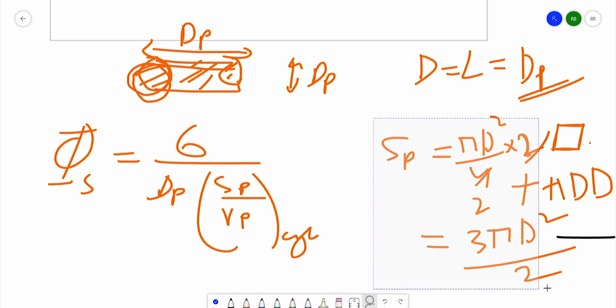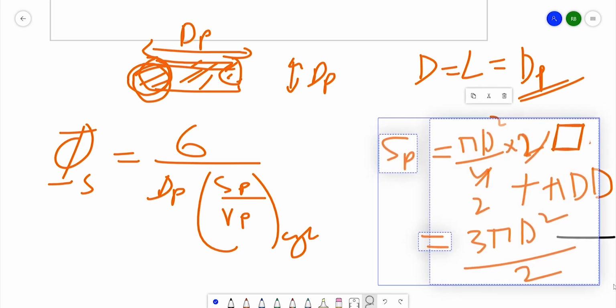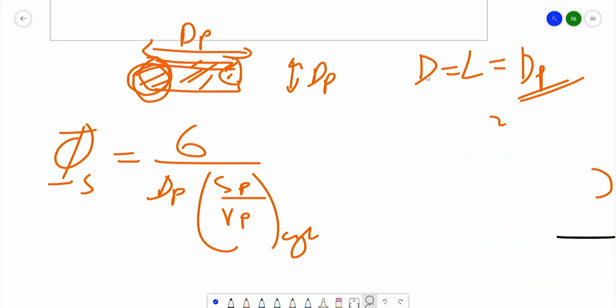So we have found the value of Sp, with dp in place of d. What is the volume of the solid cylinder?